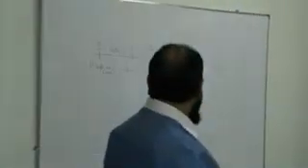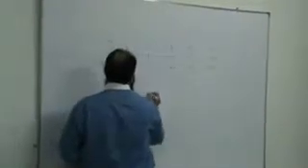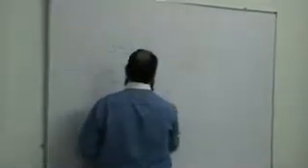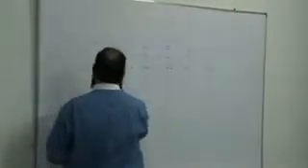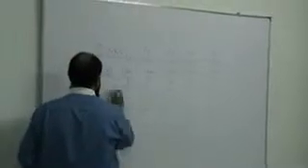Now if we want to find out the present value, one method of doing it, which is the long method, is that you find out the present value of each individual payment, and then you add them up together.